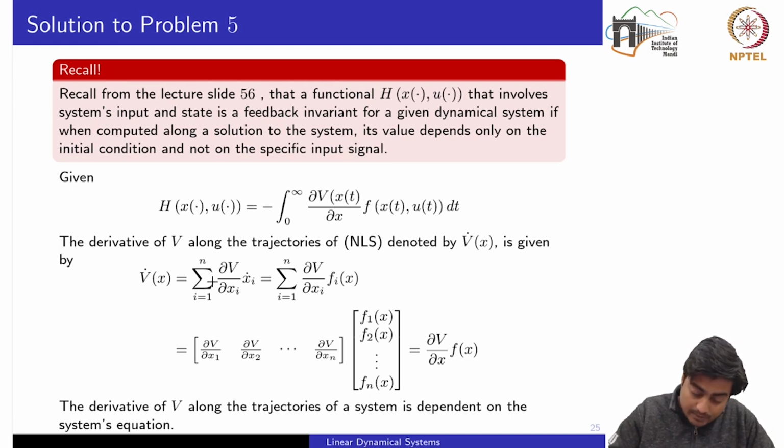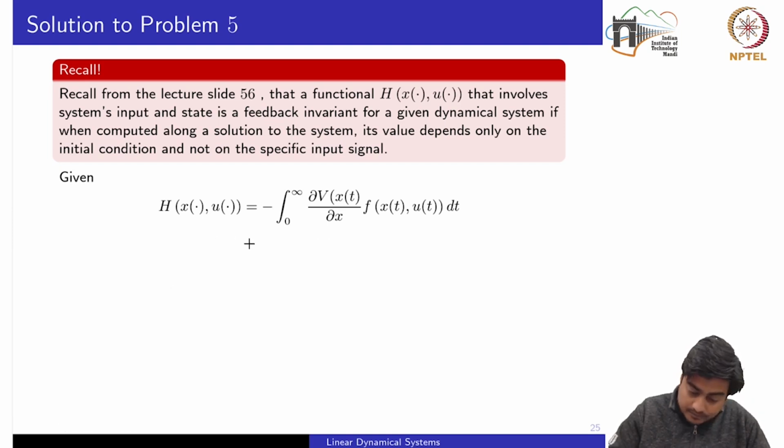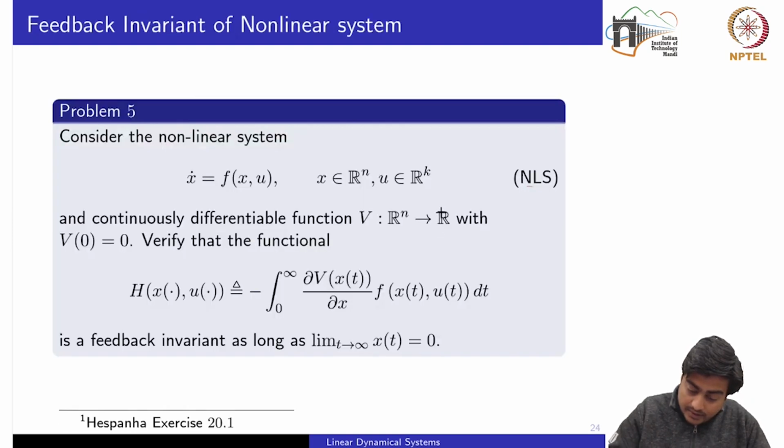It should be summed up because, as you see in the definition, V maps from R^n to R.